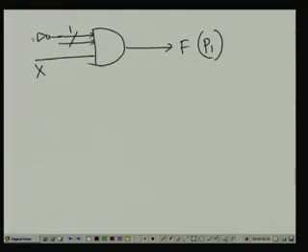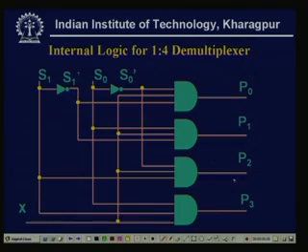So this is my S1 bar, this is my S0, because here S1 is 0. Then x will be passed, similarly passed to P2 or P3, and in this way we can design the circuits.